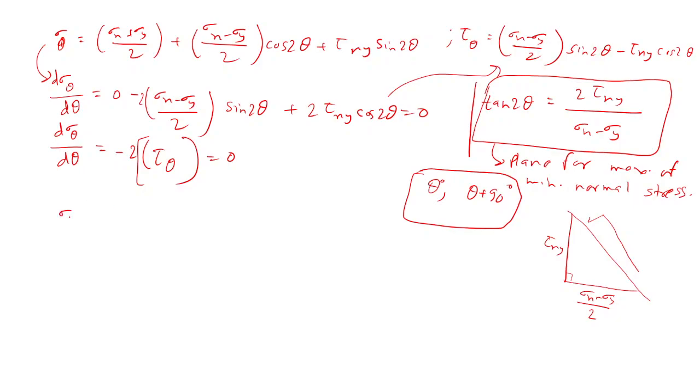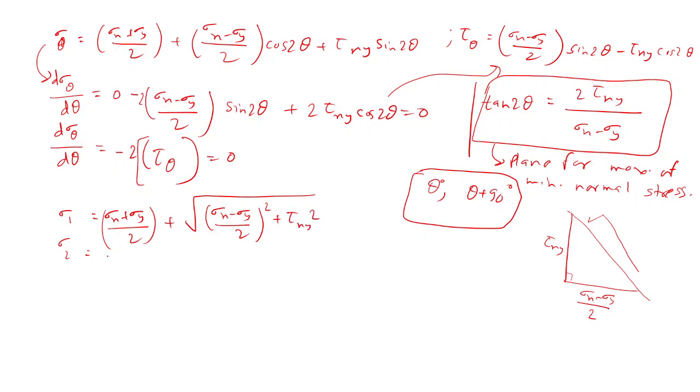So this would be for maximum is sigma 1 and for minimum is sigma 2. This formula you might be knowing, right? The principal stress value formula. What is that? Sigma x plus sigma y by 2 plus root over sigma x minus sigma y by 2 the whole square plus tau xy square.